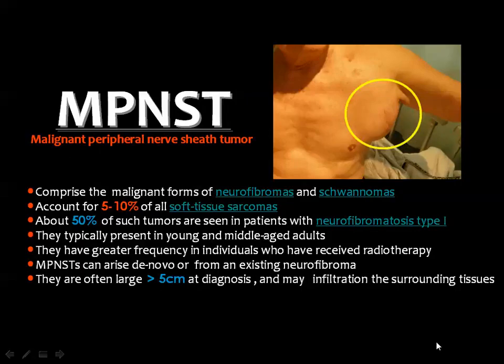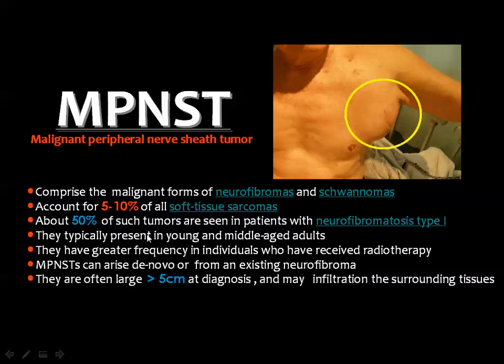Then finally, we came to the malignant component of the previously mentioned lesions, which is the malignant peripheral nerve sheath tumor. This is the malignant form of neurofibroma and schwannoma, represents about 5 to 10% of all sarcomas, and 50% of such tumors are seen in patients with neurofibromatosis type 1.